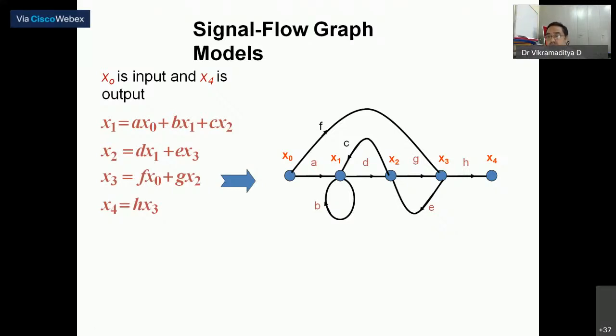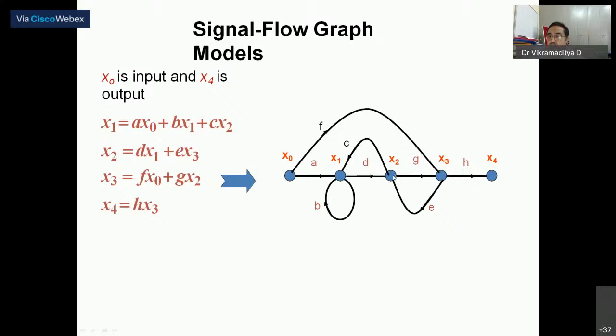So there are two forward paths, and how many loops? Somebody says 3, Amit Paliwal says 4, Sachin Singh says 3. Okay, let us find out the loops. Look at the first self loop, starting from this node and going through this. This is one loop.